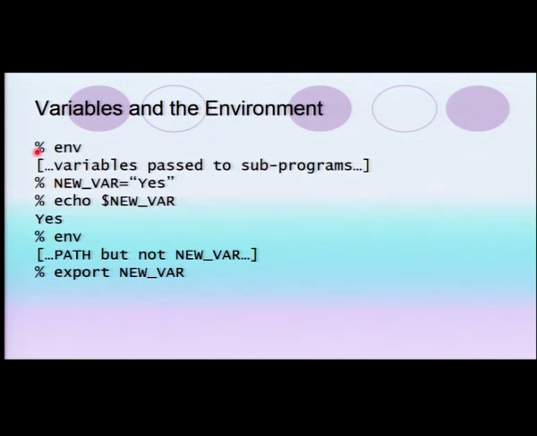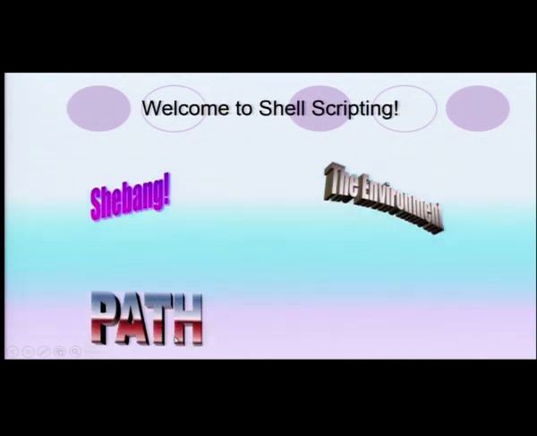At the shell prompt you simply type env and it will tell you what exactly that shell is capable of making you do on the programming front. So, next we talk about the path, the new variables.